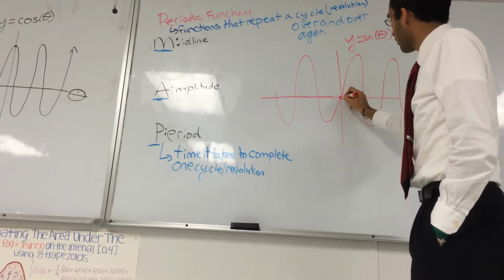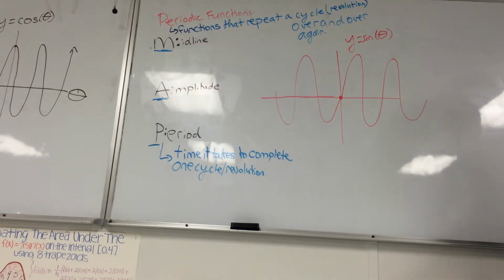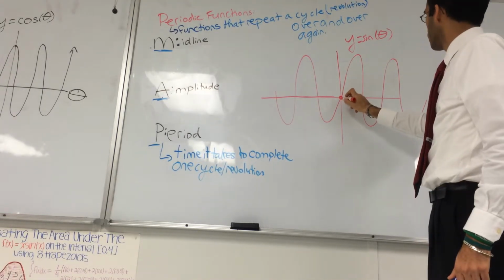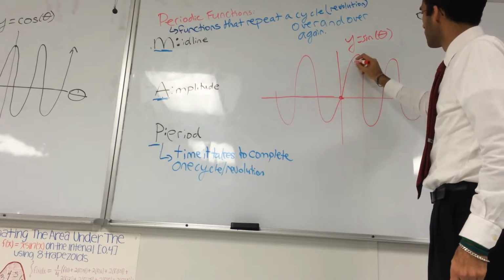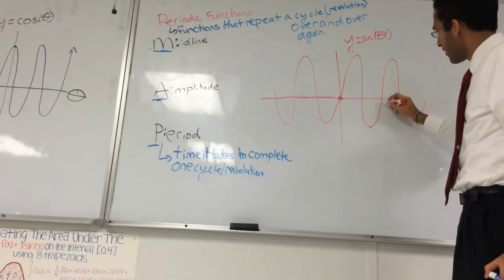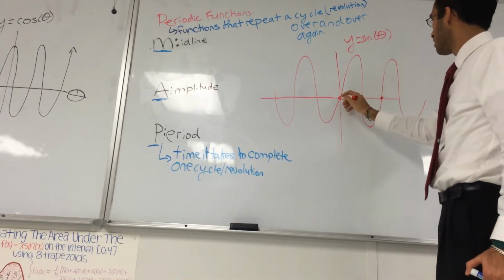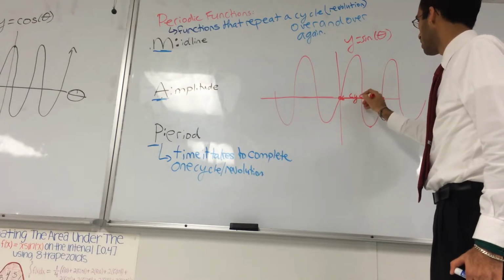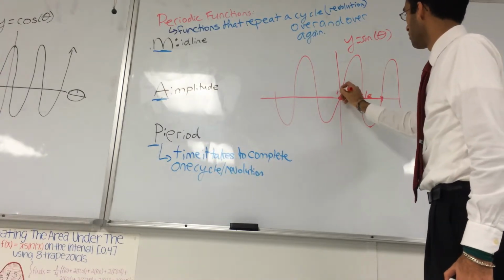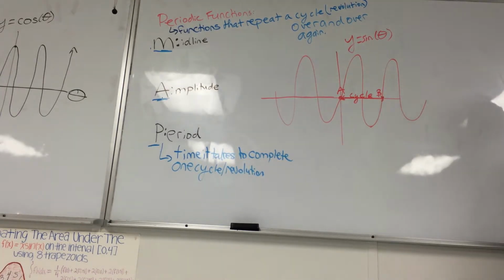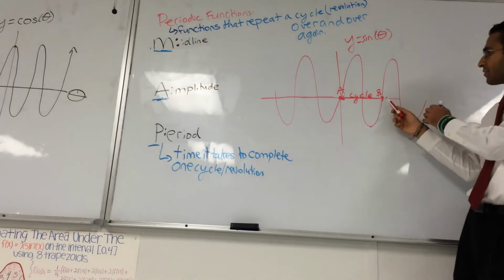If we start right here at the origin, one cycle is from here to, well, it goes up, then it comes back down, then it goes farther down, and then it comes back up. Here is a cycle, from, call it point A to point B.